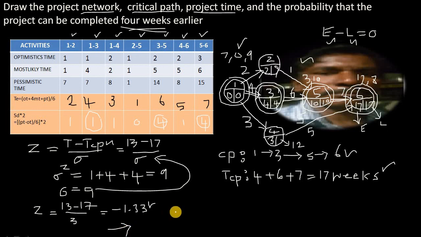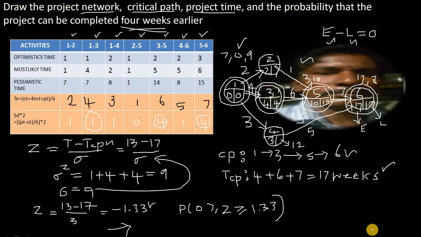So the probability that z variate lies between 0 and 1.33. Probability that z lies between 0 and 1.33.